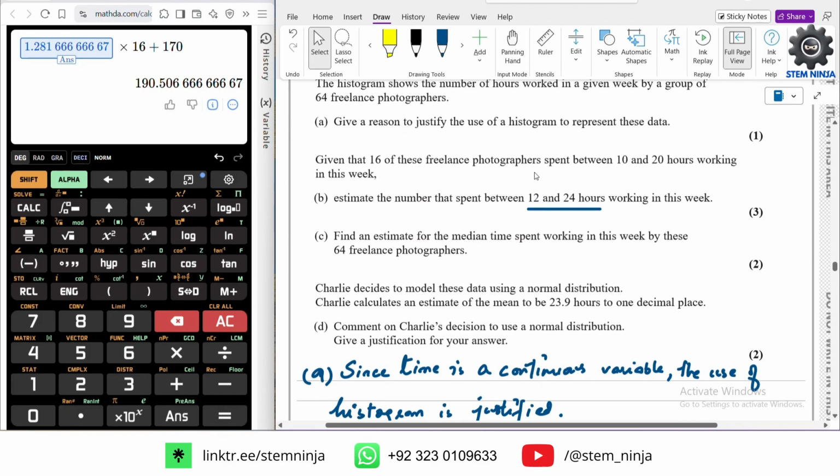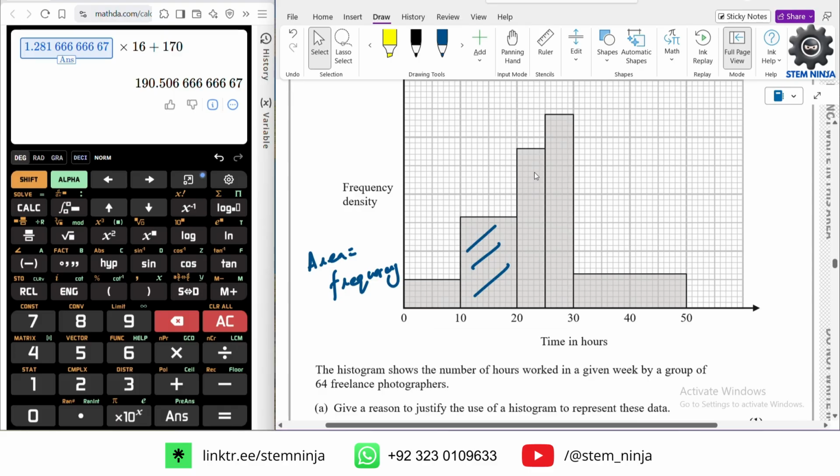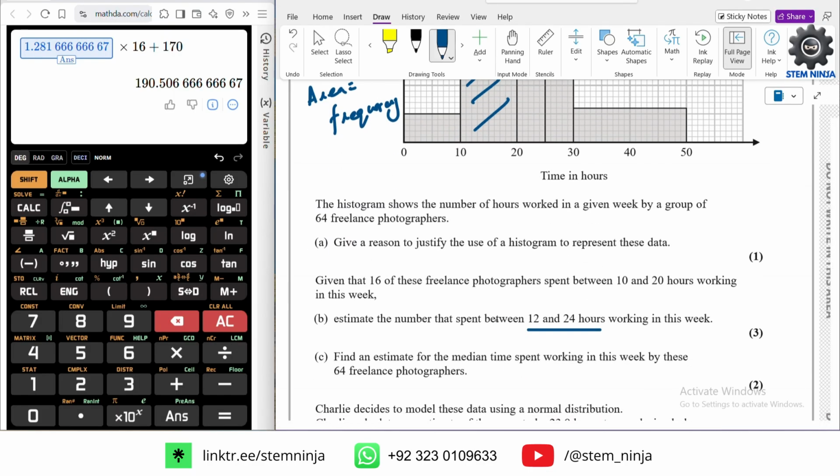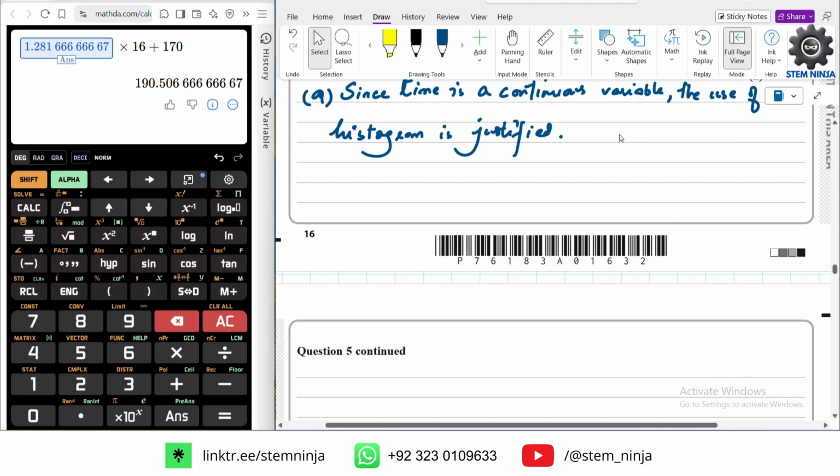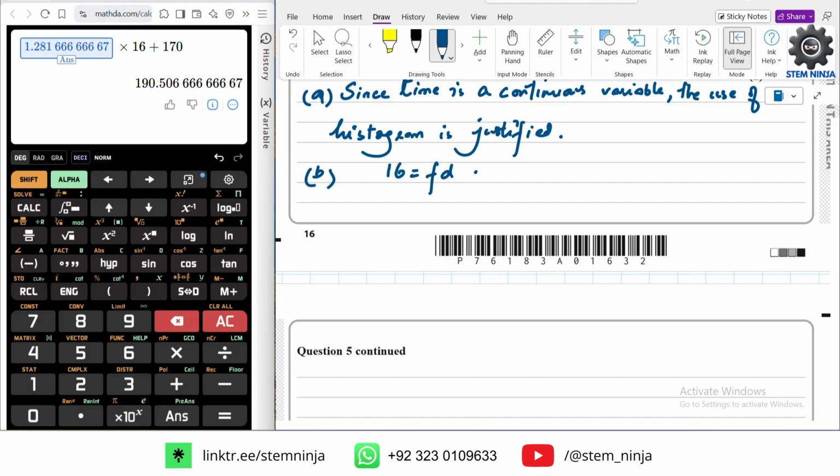Okay, so basically this gives us an insight into the scaling of the frequency density. So if 16 worked, then 16 is equal to frequency density times 20 minus 10. So frequency density is going to be just 1.6.